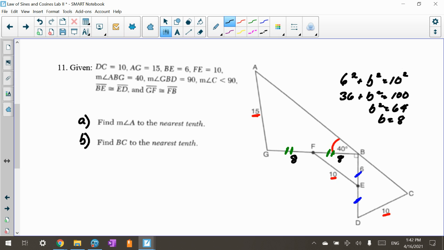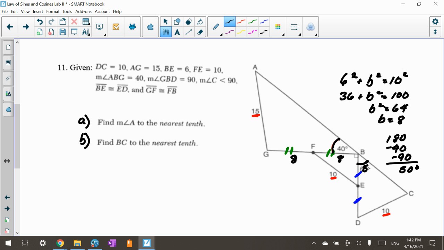Now I think, do I know anything else? Oh, yes, I do. Look over here. If this angle is 40 and in between is 90, I know what that angle is because those three make a linear pair. So I take 180, subtract the 40 degrees, subtract the 90 degrees, and I end up with 50 degrees.